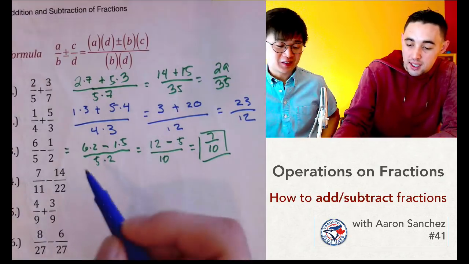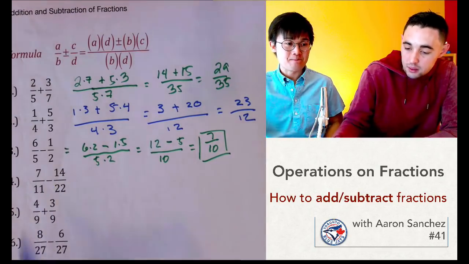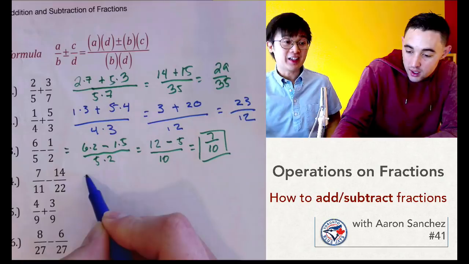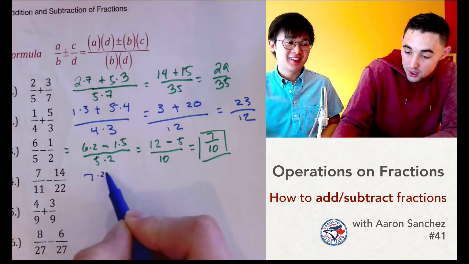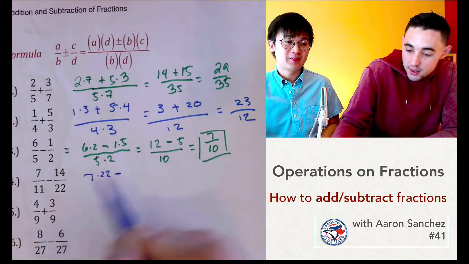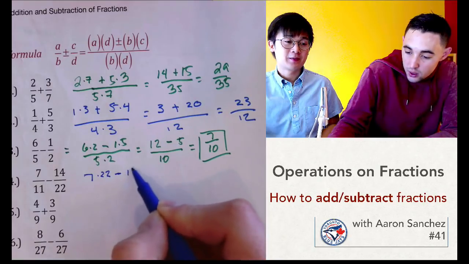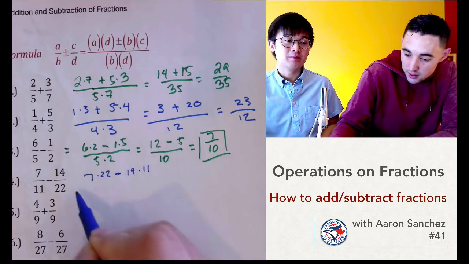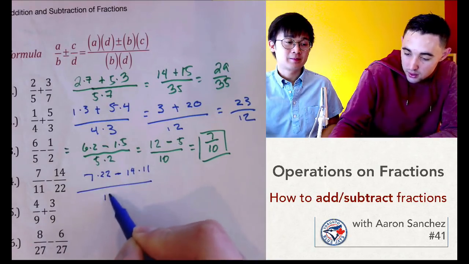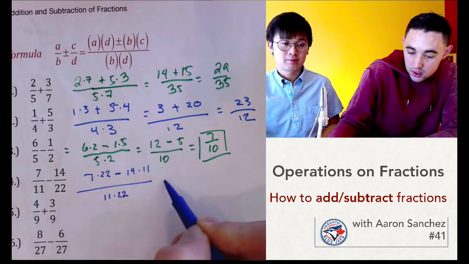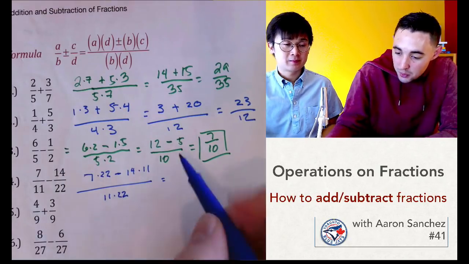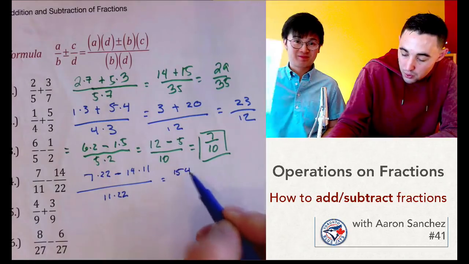Question number 4. Like you said, back to minusing. Big thing. Oh, dang. 7 times 22 minus 14 and 11 all over 11 times 22. 7 times 22 is 154.